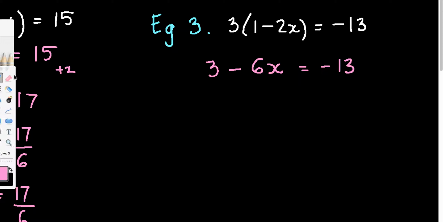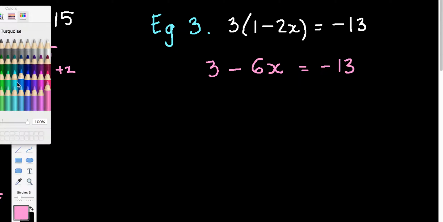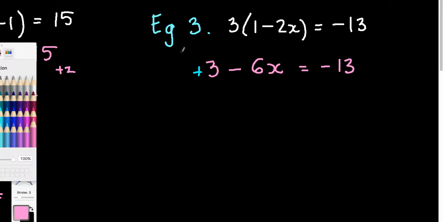Now, a lot of you have had a bit of trouble with these sorts of equations where you've got the x term second and you've got this number at the front. Just a reminder, that's positive 3. I wanted to remind you of that because that's why I'm going to take away 3 from both sides, because I've got 3 being added essentially on this left-hand side.